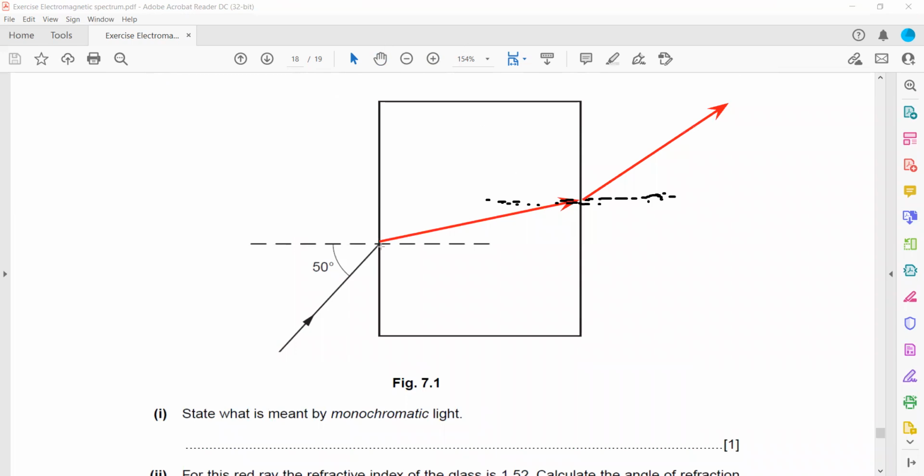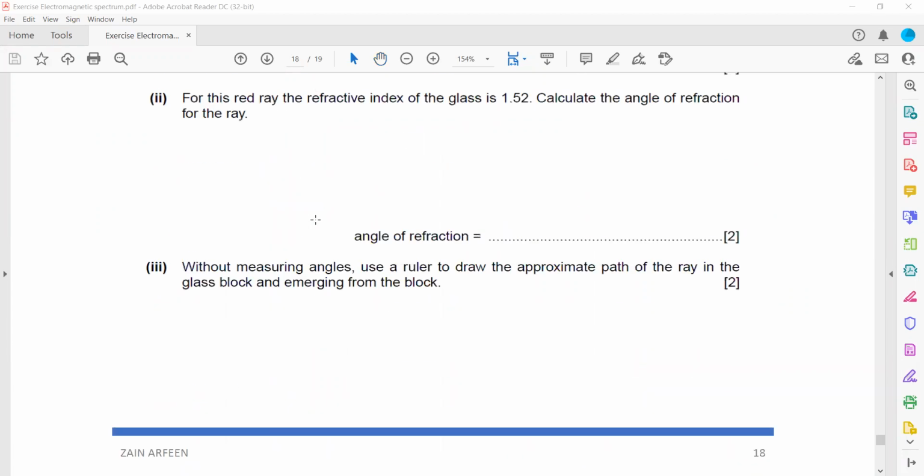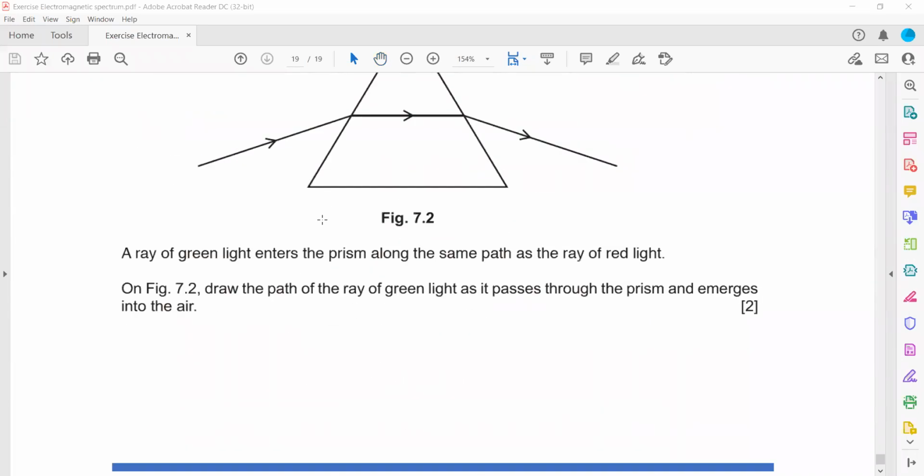Violet will bend more when it enters the glass, and this will be the approximate path for the violet. So we have to label that path as V, and the path of the red was letter R, because the violet bends the most as its speed decreases more than red.